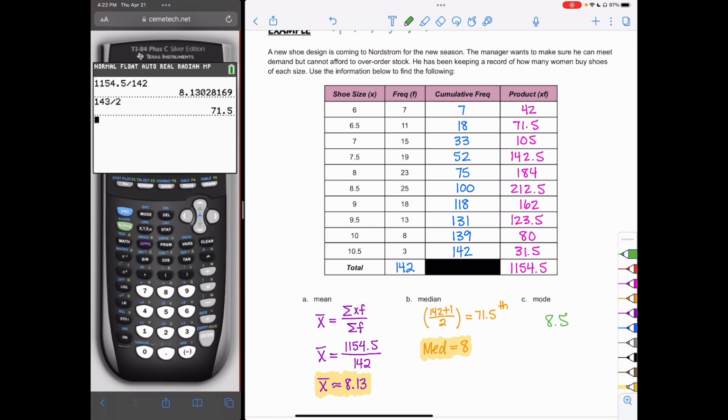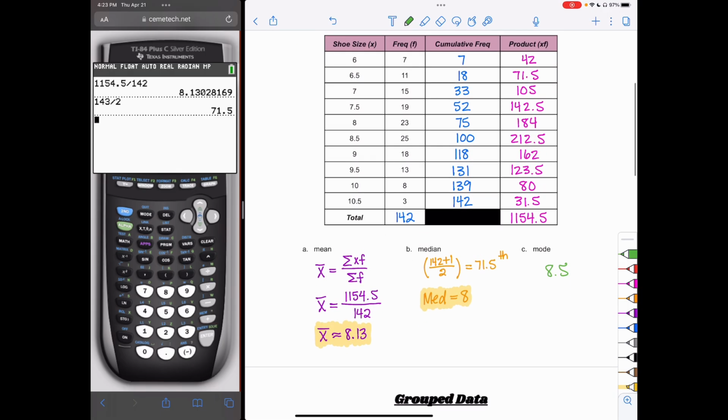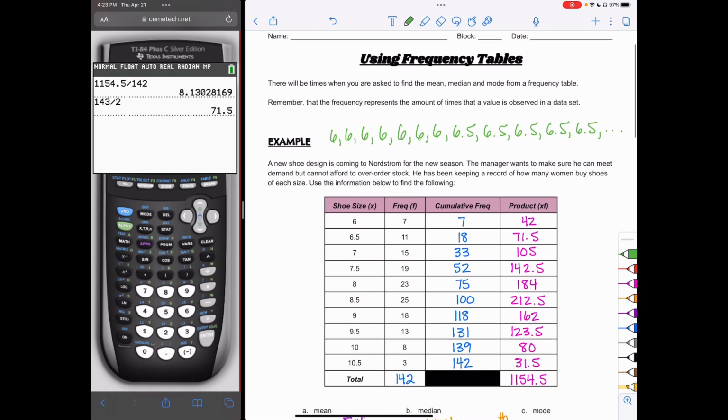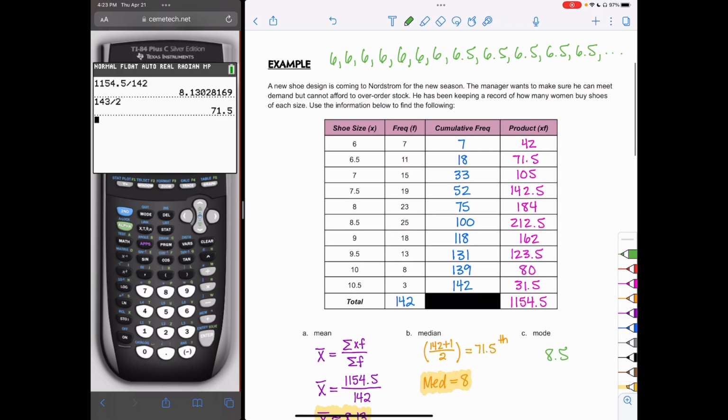All right. So I'm going to show you really quickly a little trick here, and I'm going to show you how to use the calculator. The way you use the calculator here is that you will end up going to Stat, go to Edit. We are going to type in our actual X values into L1, and we're going to type their respective frequencies in L2.